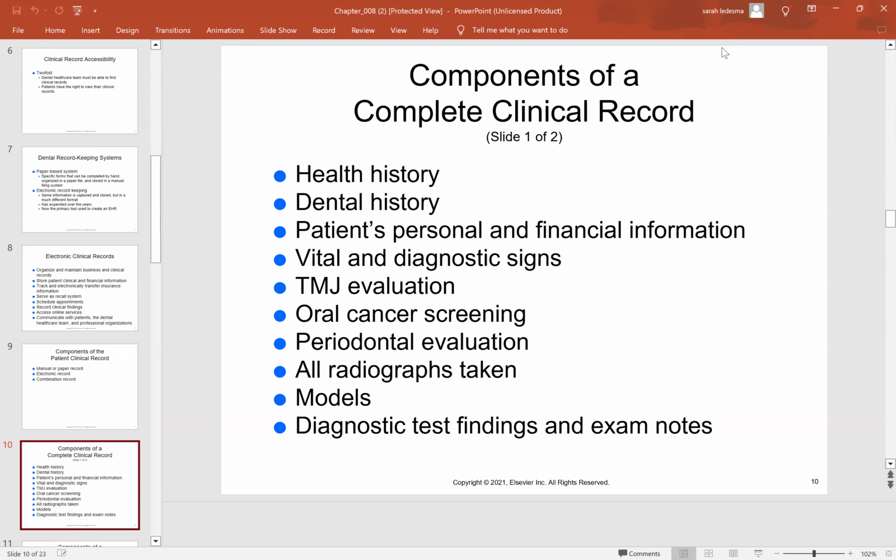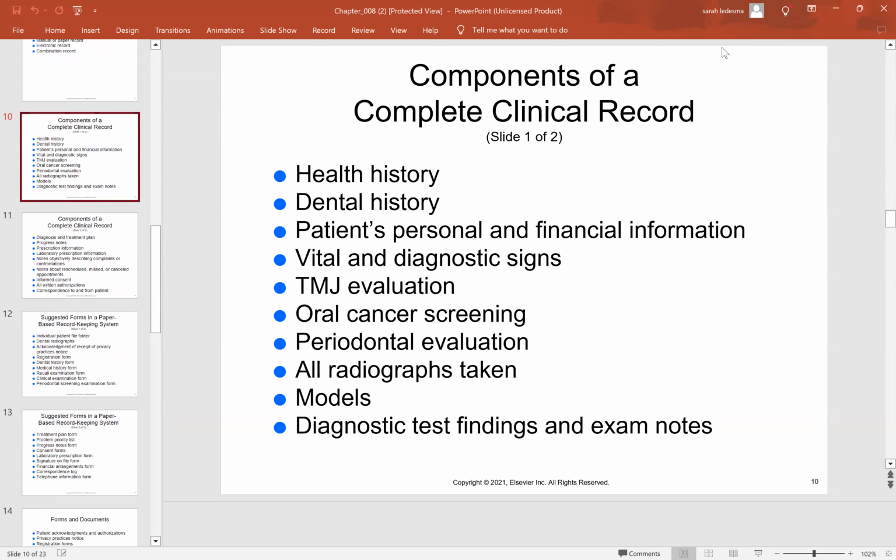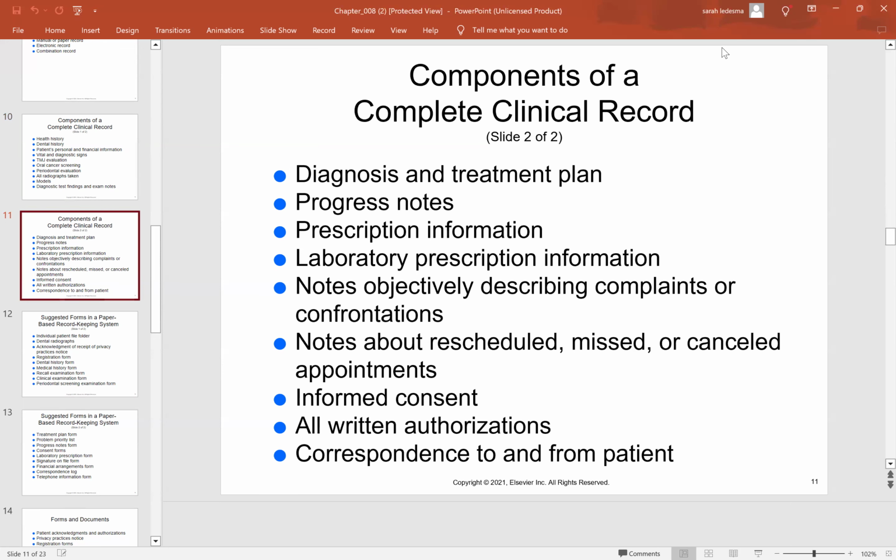Components of a complete clinical record will include the patient's health history, dental history, personal and financial information, vital and diagnostic signs, TMJ evaluation, oral cancer screening, periodontal evaluation, all the radiographs, models, diagnostic test findings and exam notes, diagnosis and treatment plan, progress notes, prescription information, laboratory prescription information, notes objectively describing complaints or confrontations, notes about rescheduled, missed, or canceled appointments, informed consent, all written authorizations, and any correspondence to and from the patient.